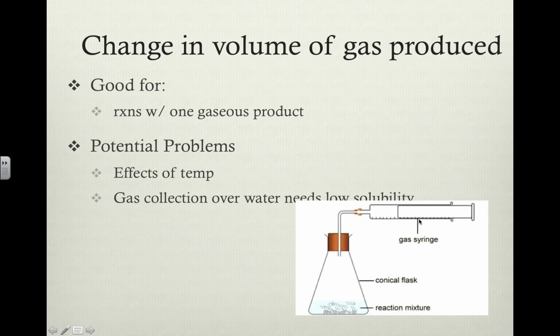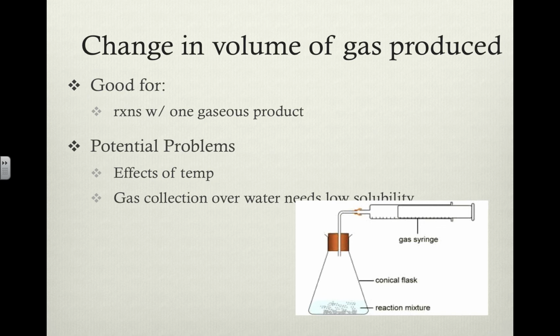Okay, so some potential problems. You have to think about the effects of temperature. If this is a really endothermic or exothermic reaction, you're going to see a little bit of a skew with your data because gases change volume at those different temperatures. Also, if we're collecting it over water, the gas needs to have very low solubility.